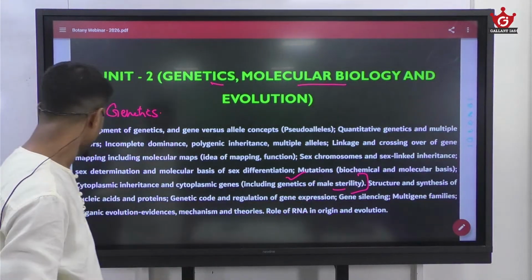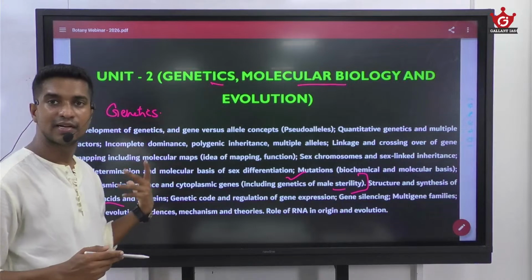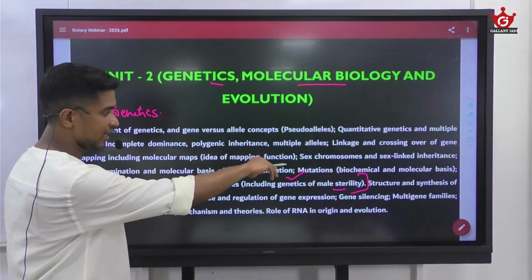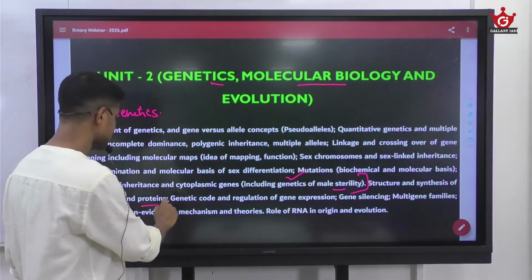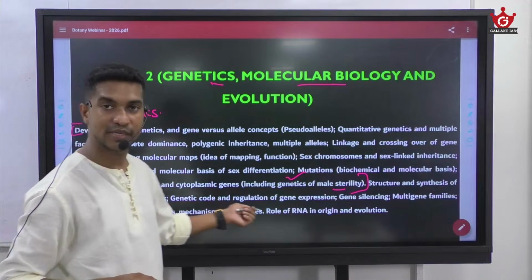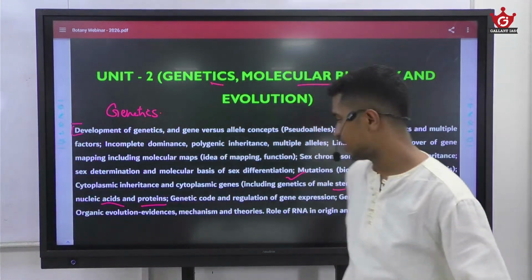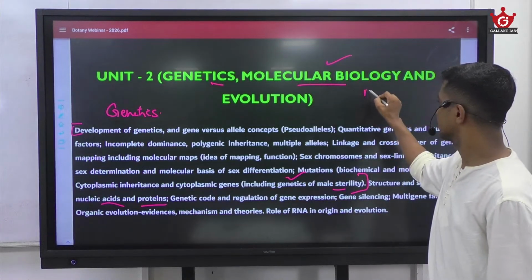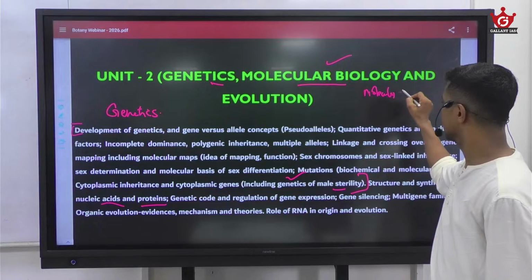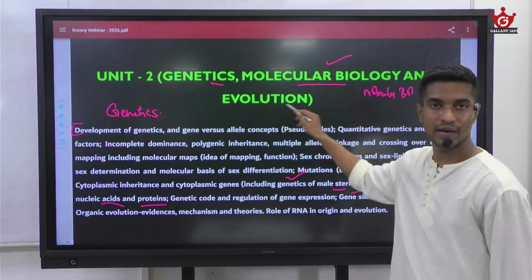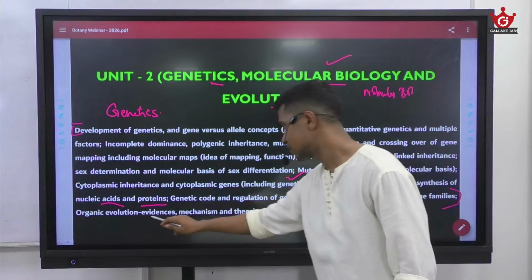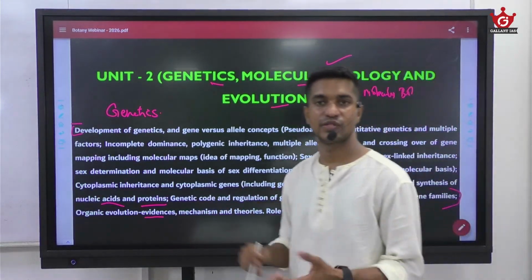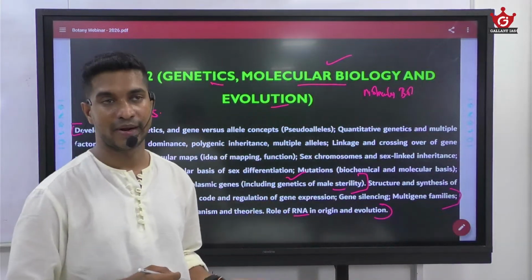Structure and synthesis of nucleic acids and proteins, that is transcription, translation and replication, genetic code and regulation of gene expression, gene silencing and multi-gene families. This part comes under molecular biology, and the last part is evolution: organic evolution, evidences, mechanism and theories, role of RNA in origin and evolution.